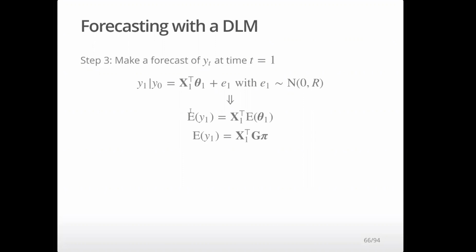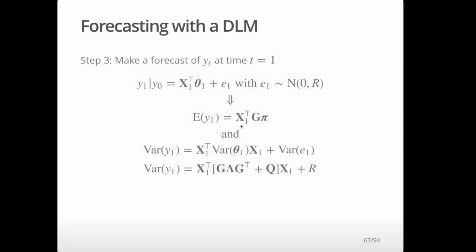Okay, well, the expectation for this is just like before. It's going to be x_t transpose times theta, and the expectation of that here. And we know that the expectation of that was just G pi. So our expectation for y1 is going to be x_t transpose times G times pi.